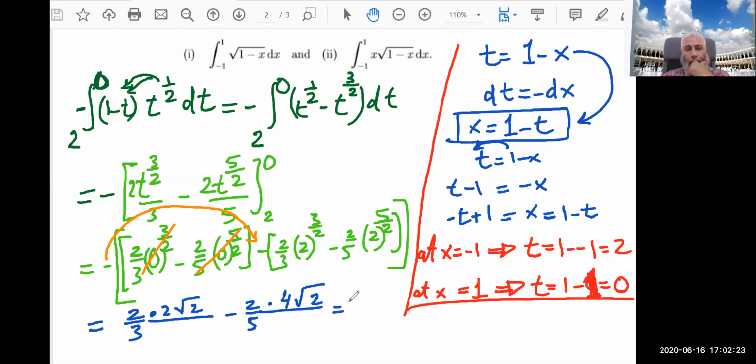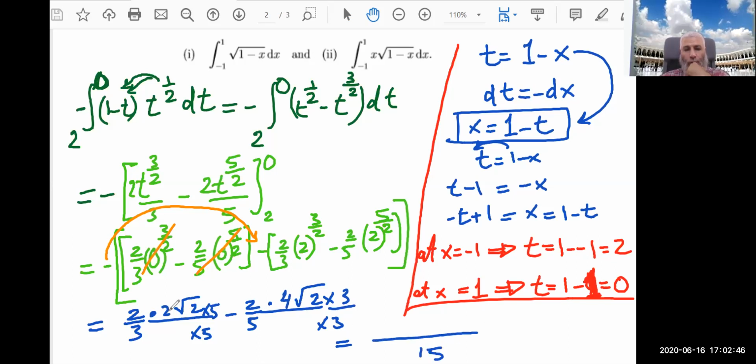So this, we can make it like, we can multiply here by 3 over 3, and here by 5 over 5, so the denominator will be 15.